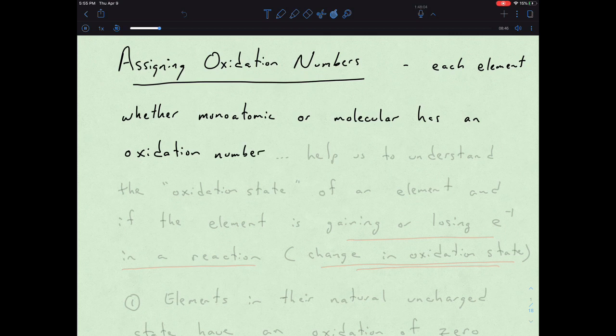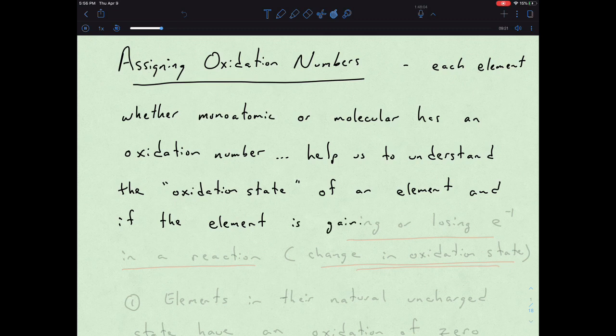So what are these good for? Basically, these help us to understand the oxidation state of an element, and if the element is gaining or losing electrons in a reaction.